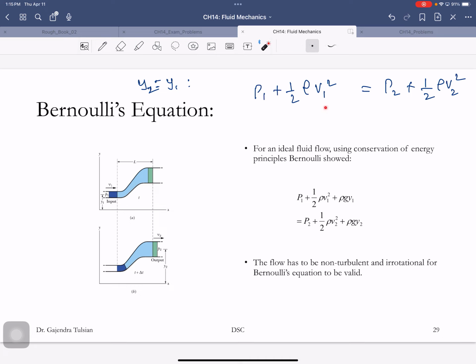Now, if the fluid is flowing faster, if this one is greater, then this has to decrease. Because the sum of these two terms has to be constant, if at a location V1 is higher, then the pressure has to decrease.